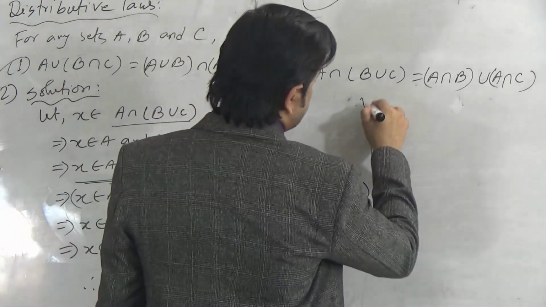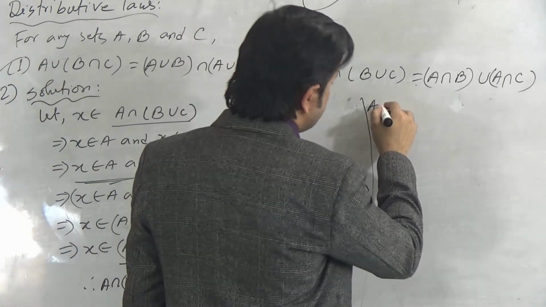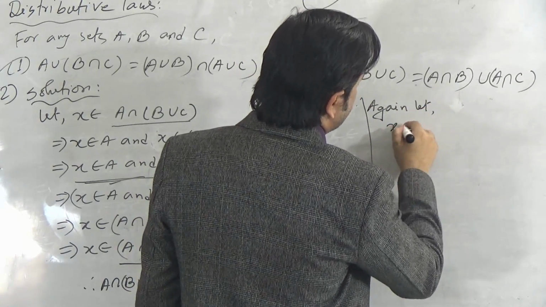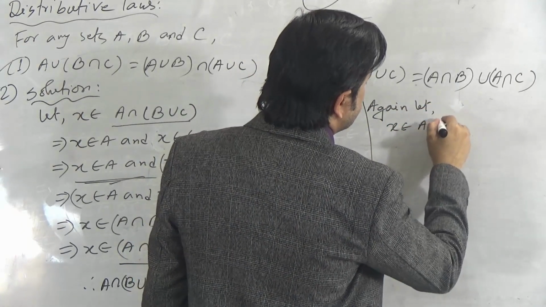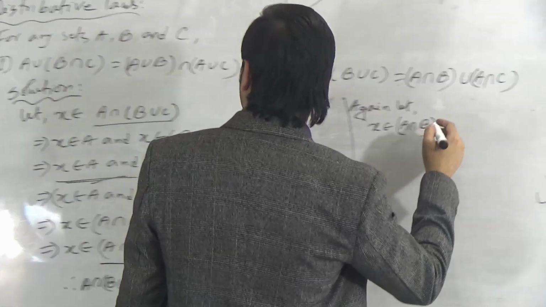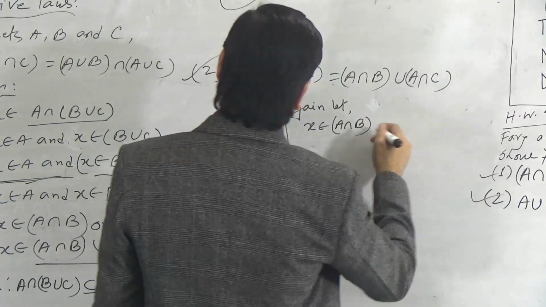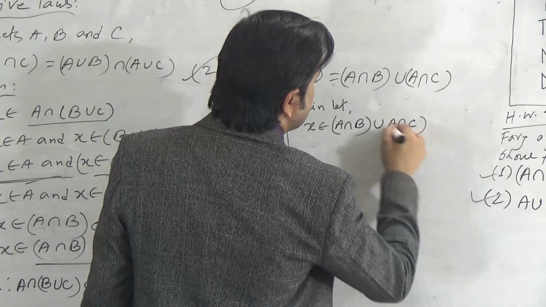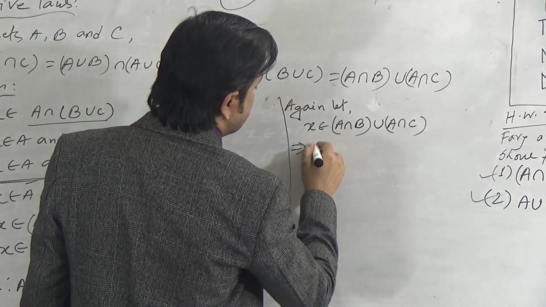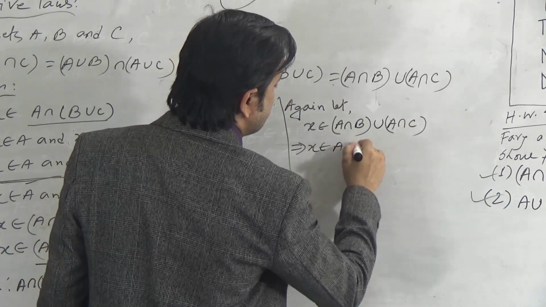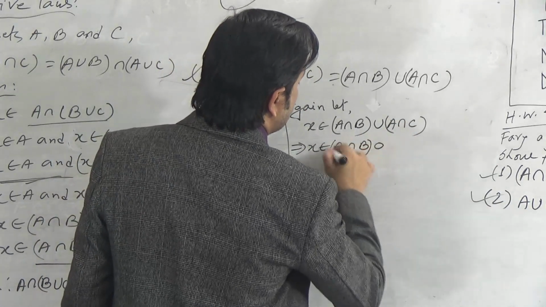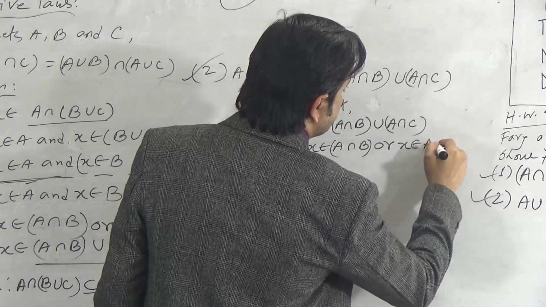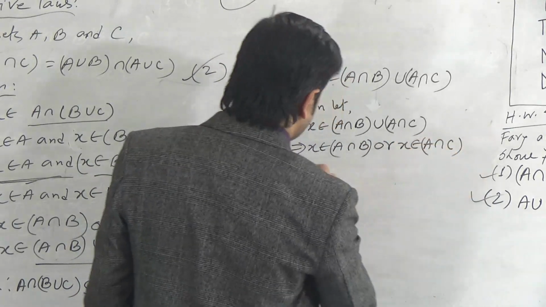Again let x be contained in (A intersection B) union (A intersection C). That implies x is contained in A intersection B or x is contained in A intersection C. What does it mean?